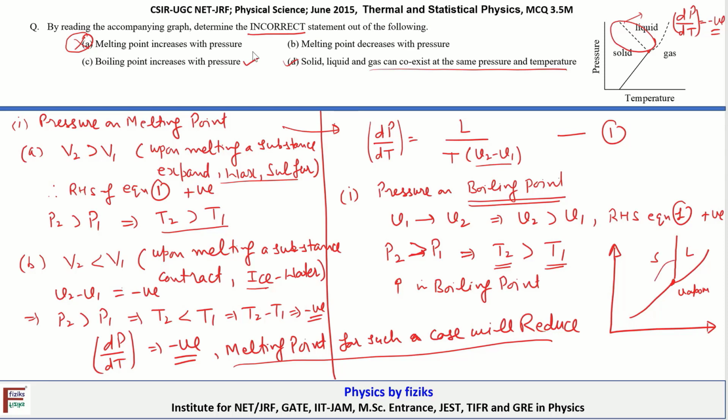On a pressure versus temperature graph, for the solid-liquid boundary dP by dT is positive. This positive slope ensures that melting point will increase with increase in pressure. So I hope the point is clear. The correct option is A, which is the incorrect statement describing the given diagram.